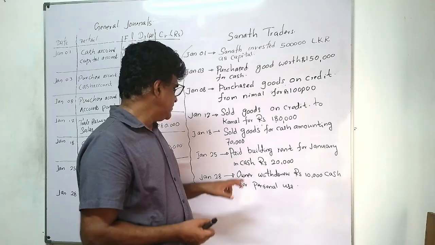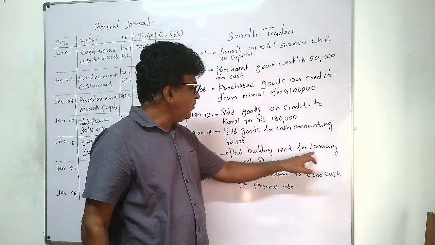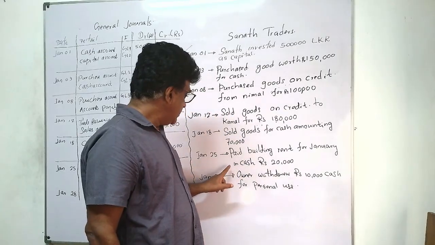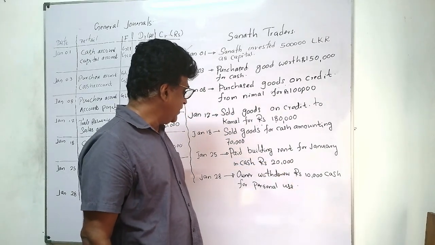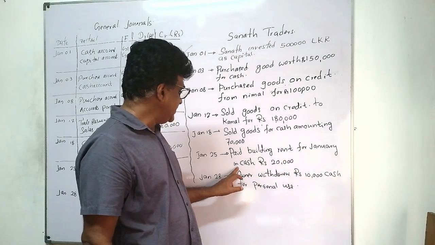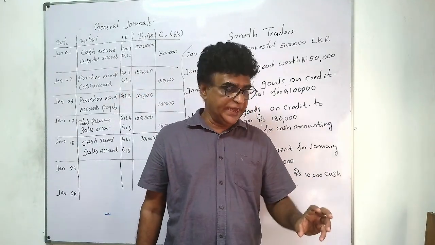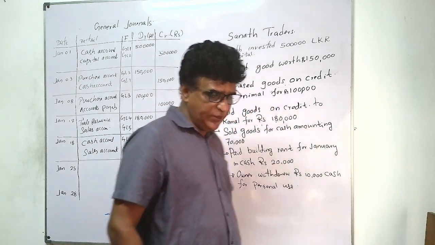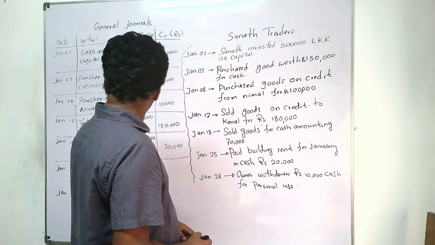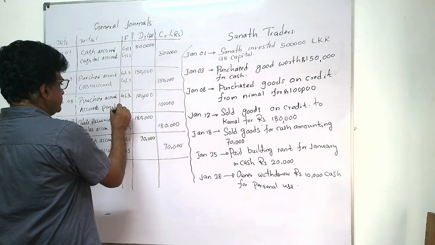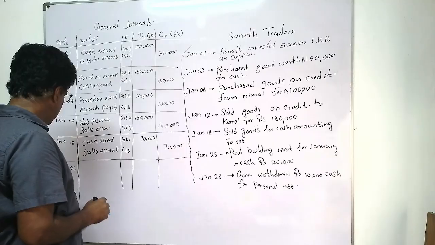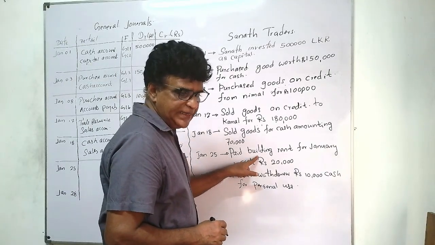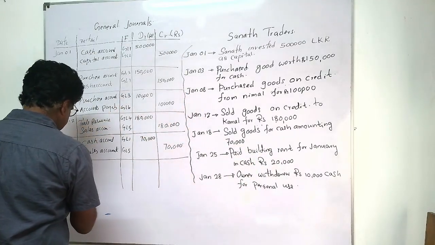January 25th, paid building rent for January in cash. January building rent has been paid, that is in cash. Then the cash account again, we have credited, and there is a new GL account, that is building rent expense.